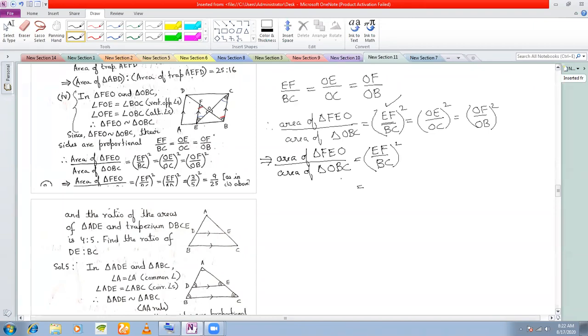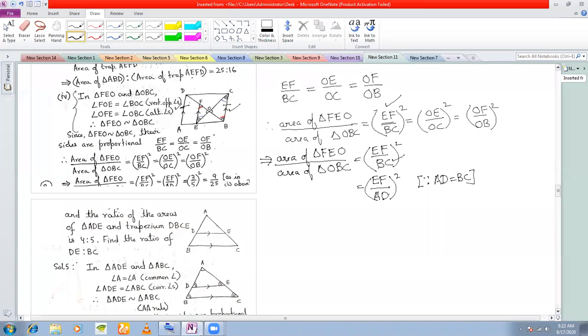Now you see that since this is a parallelogram, the opposite sides will be equal. So therefore I can replace BC by AD, since AD is equal to BC, because the opposite sides of a parallelogram are equal.